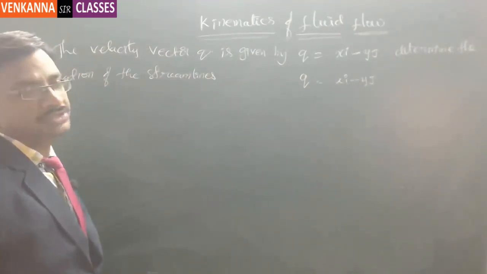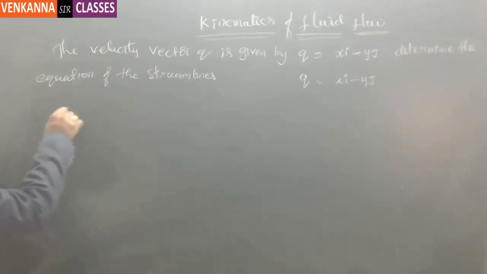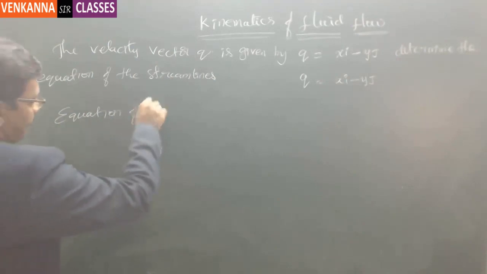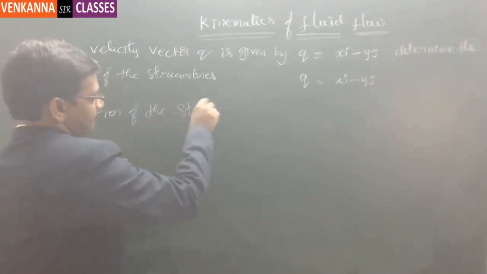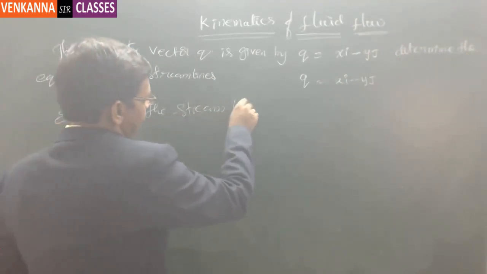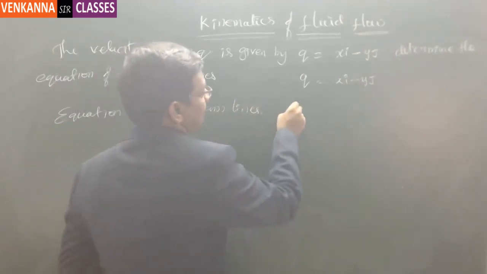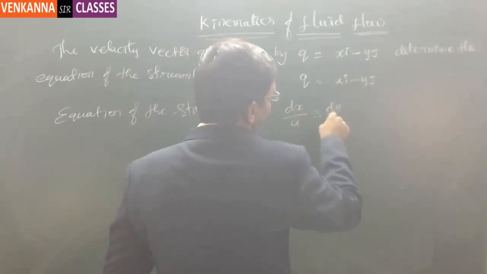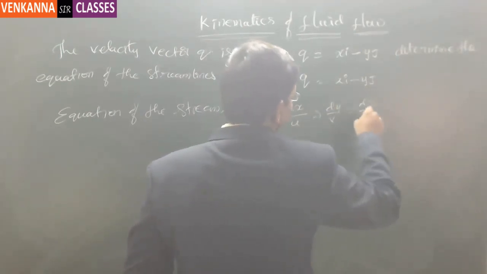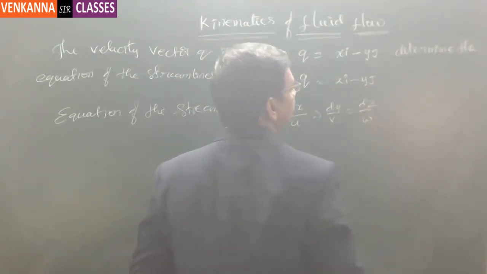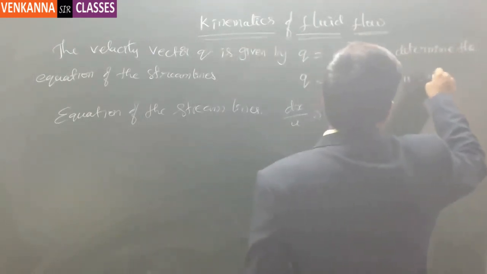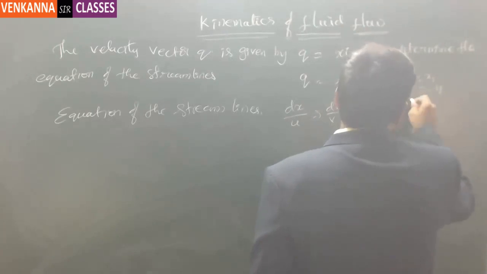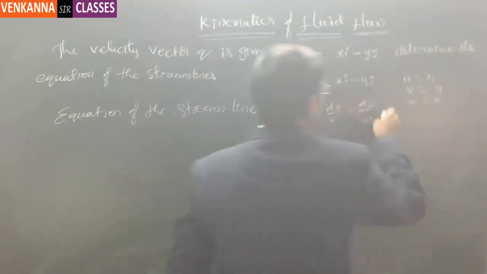And the equation of the streamlines will be dx by u is equal to dy by v is equal to dz by w. So here u is equal to x and v is equal to minus y and w equal to 0, so you can ignore it.